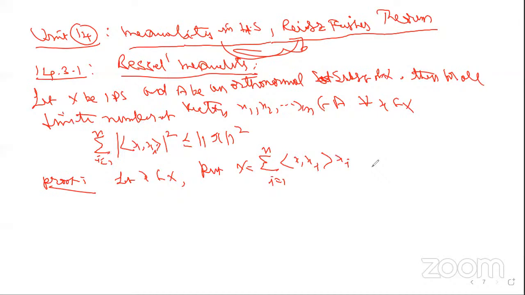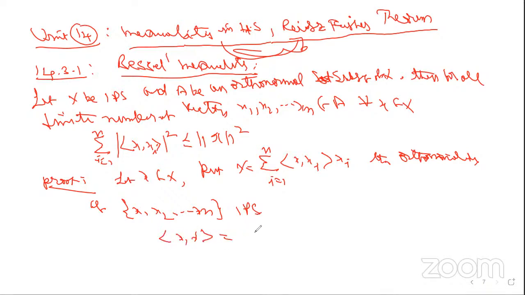Then we have the orthonormality of x1 comma etc xn and the properties of inner product space. So the inner product of x comma y, where we let y be the sum from i equal to 1 to n.